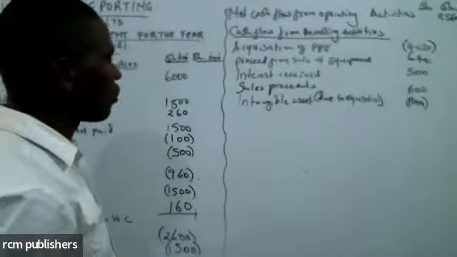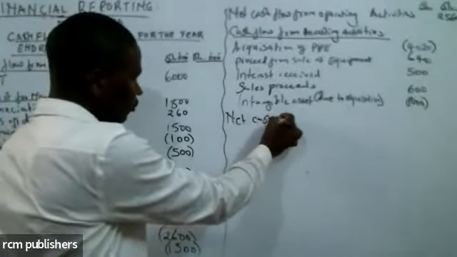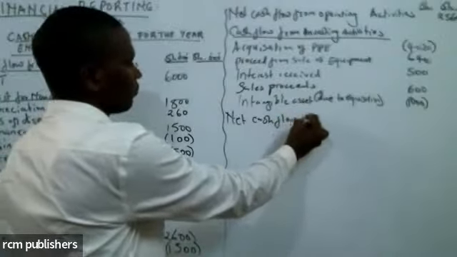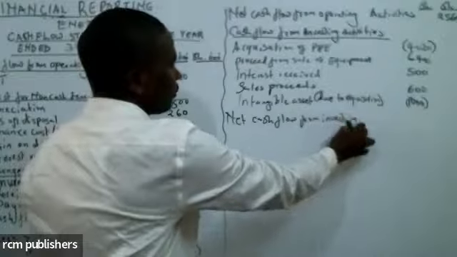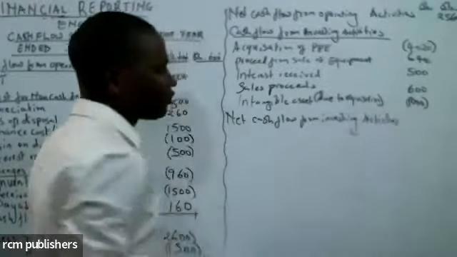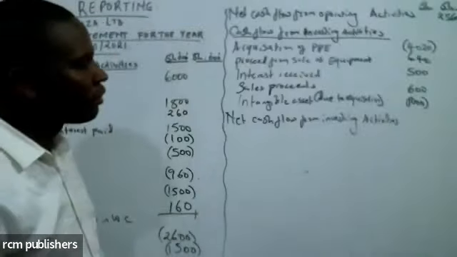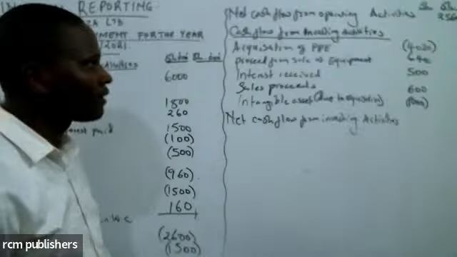Now, can you give me the total net cash flow from investing activity? Net cash flow from investing activities. First, give me that. Itakuwa ngapi? Just compute that. And then we move to the financing activity.